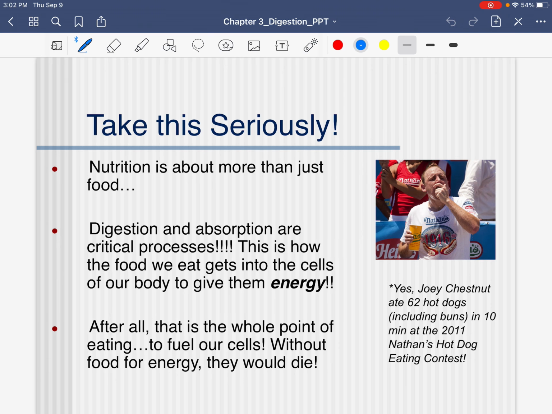So this is a must-have chapter, right? When we eat the food, it's got to go through our GI tract, be absorbed into our bloodstream, and then eventually it will go to our cells.